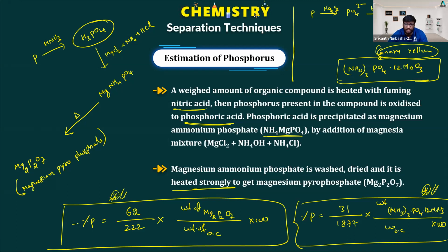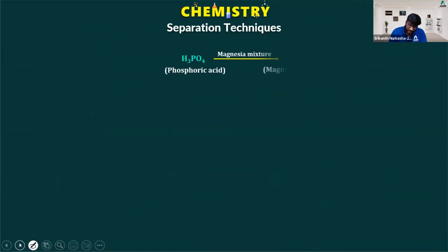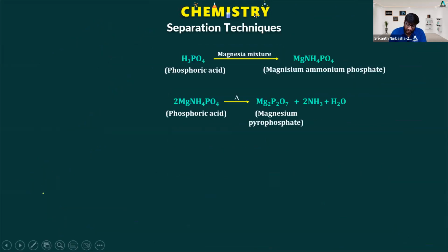Is that clear or not? Whenever they have given this much amount of magnesium pyrophosphate obtained, you have to use this formula. Whenever they have given this much weight of ammonium phosphomolybdate obtained, you have to use the other formula, because in both formulae we have different amounts of phosphorus, since the formulae are different.